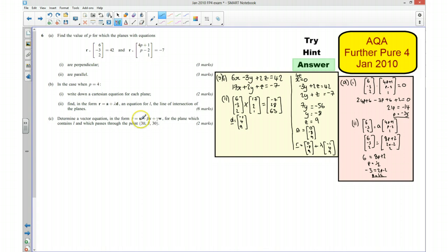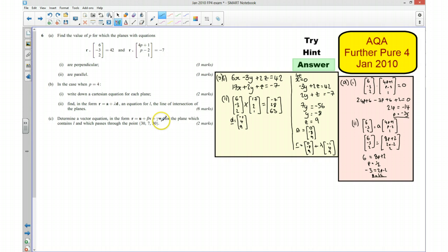But I already know one position vector because L passes through this point here, and I also know one of the direction vectors because I know that the direction of the intersection was this here, so L has this direction, so I can put that into there.